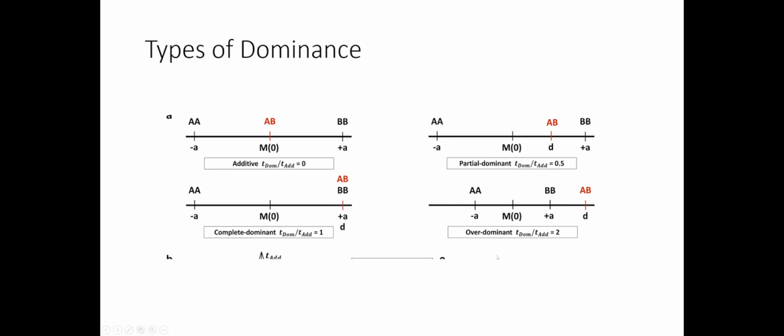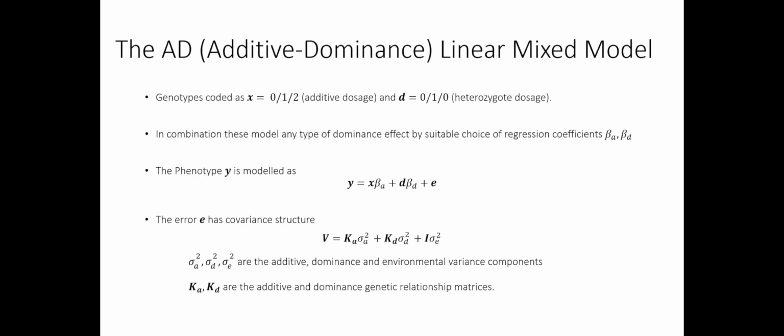But we're going to use the word dominance to mean all these three types. And the way we look for dominance is with a fairly straightforward extension of the standard linear mixed model. So we code up our genotypes as additive dosages: genotypes are coded as 0, 1, or 2, just the number of reference alleles. And then we also have an additional coding, D, which is just a 1 if the individual has a heterozygote dosage.